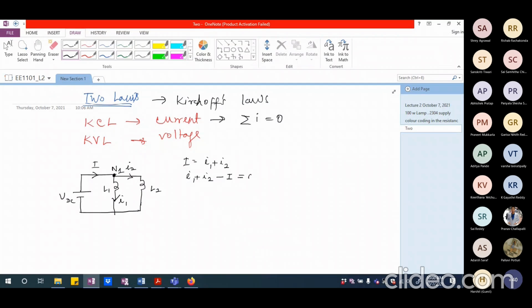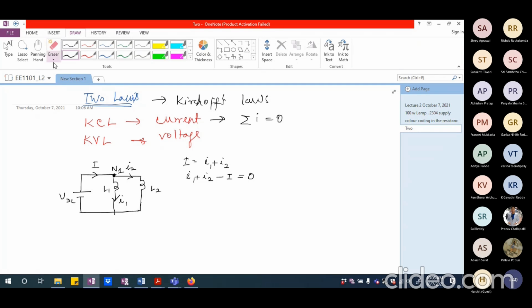These three things should be equal to 0. So we definitely need to take the direction of current into account when talking about Kirchhoff's current law. The sum of the currents flowing into the junction should be equal to the sum of the currents flowing out of the junction. This is the statement of Kirchhoff's current law.